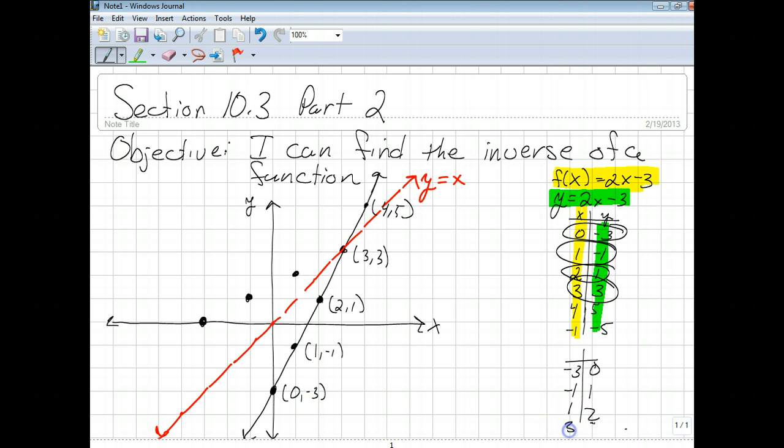Then (3, 3) is right here. And then (5, 4).